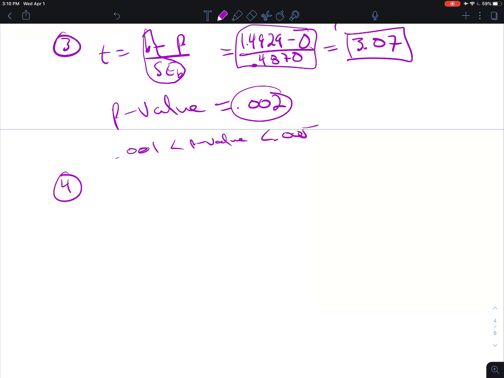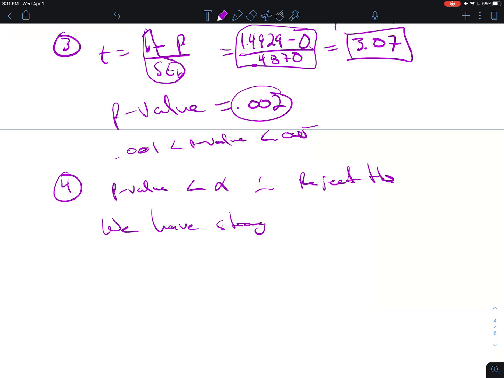Now, this p-value is less than our alpha. Therefore, we reject the null, and we're going to conclude the alternative.